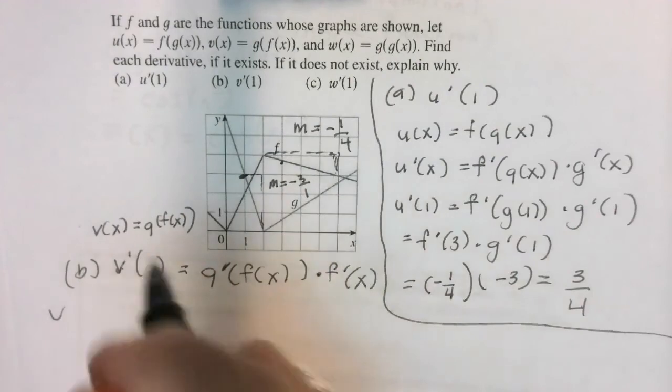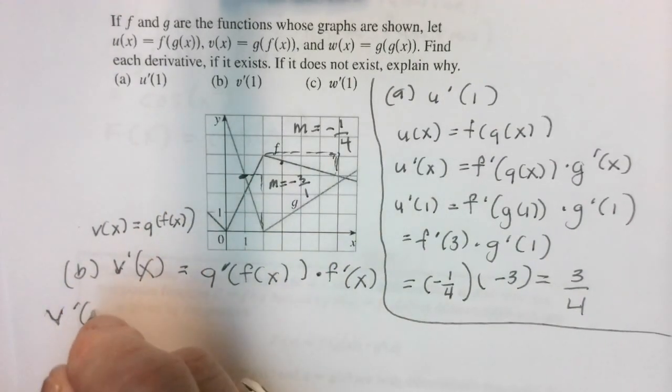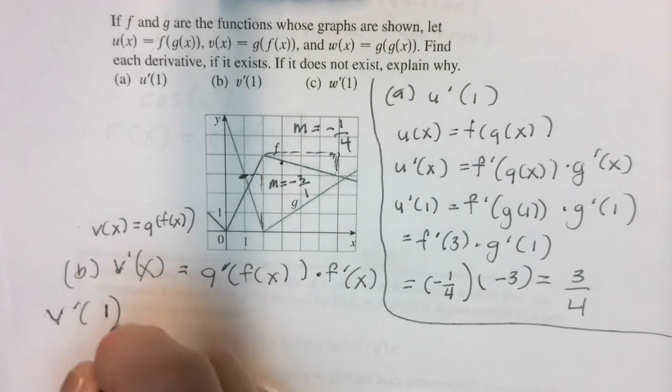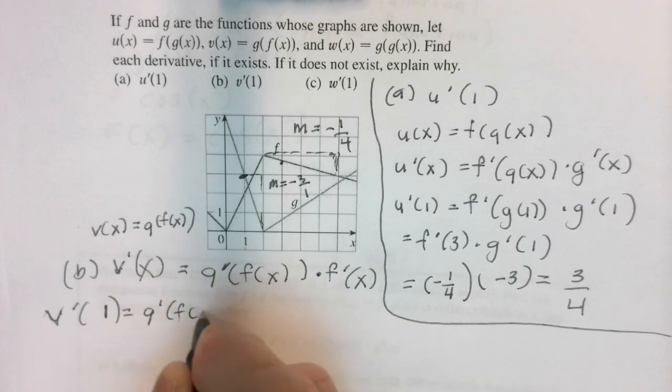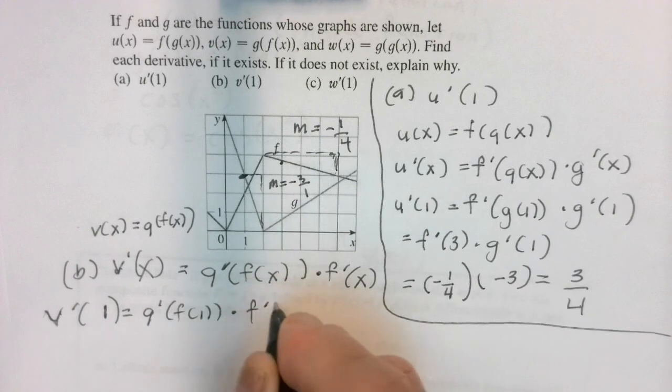And then let's do v prime of 1. V prime of 1 is going to be equal to g prime of f of 1 times f prime of 1.